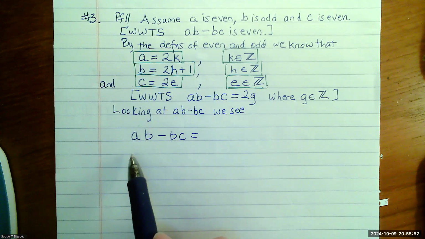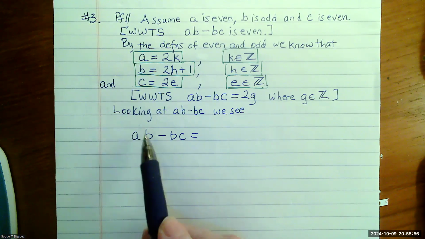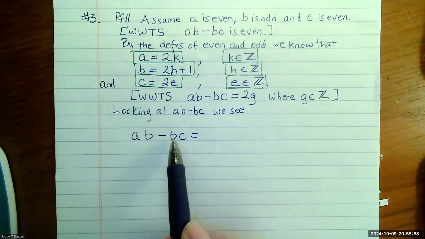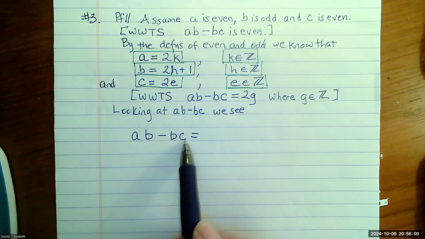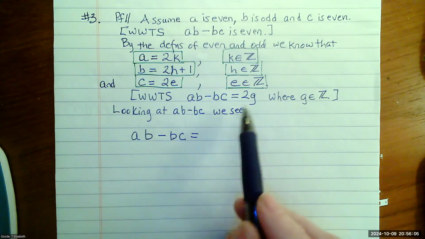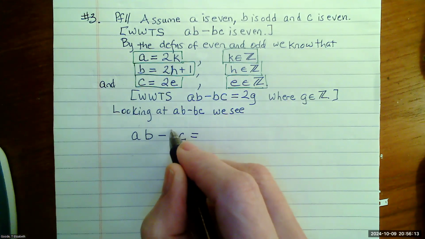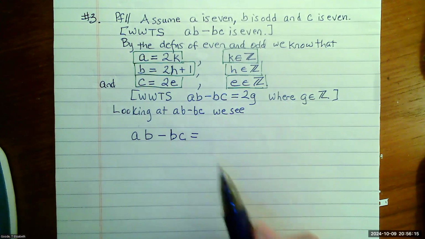Does that make sense? And then you would substitute in for A and for B, and substitute in for B and for C, and do some algebra and try to pull a 2 out. You should be able to factor out a 2 from everything if you do the algebra right.